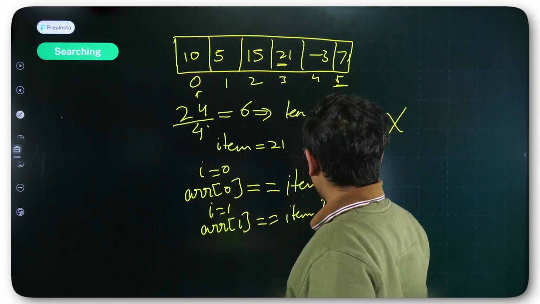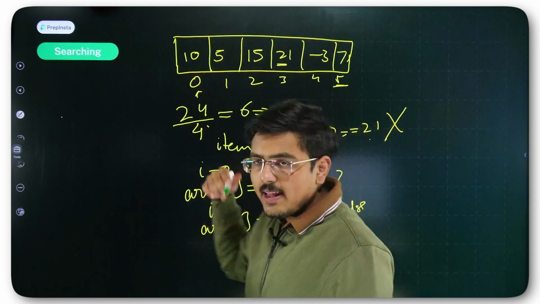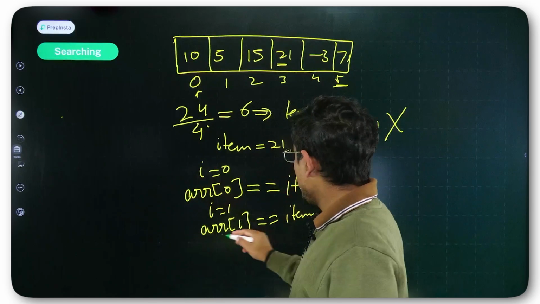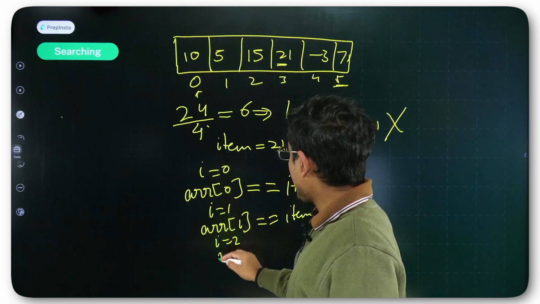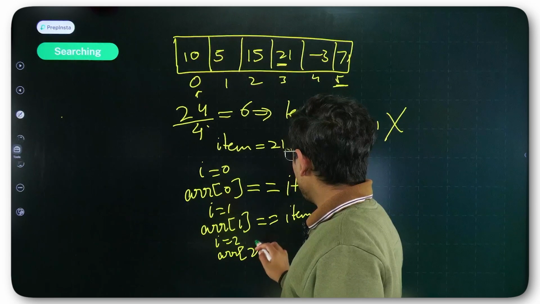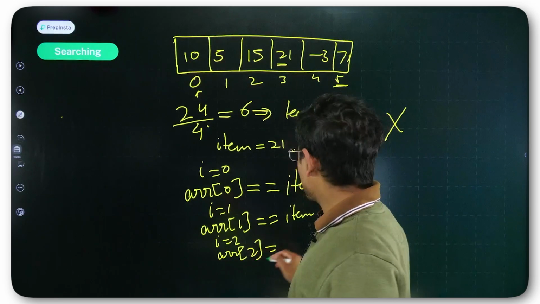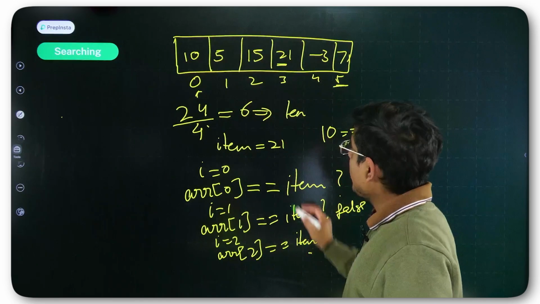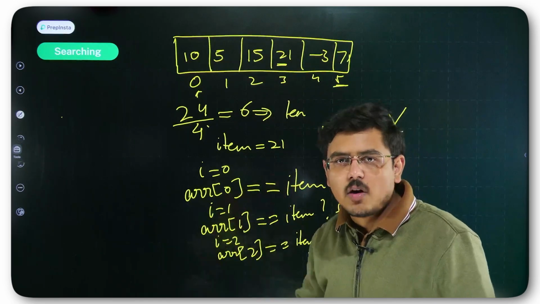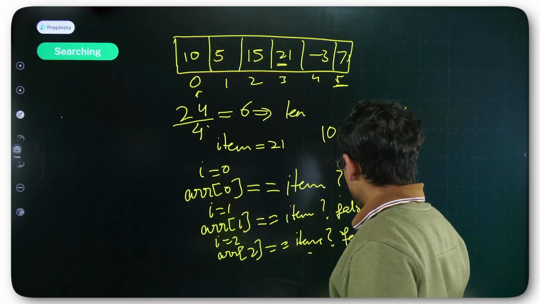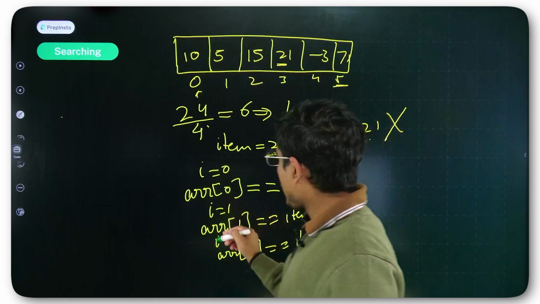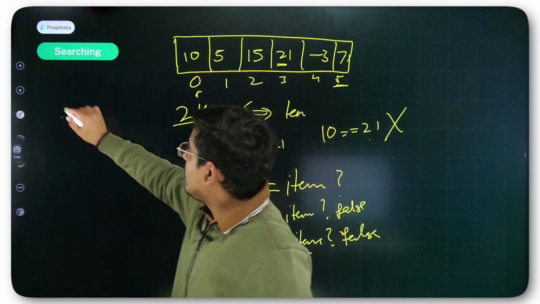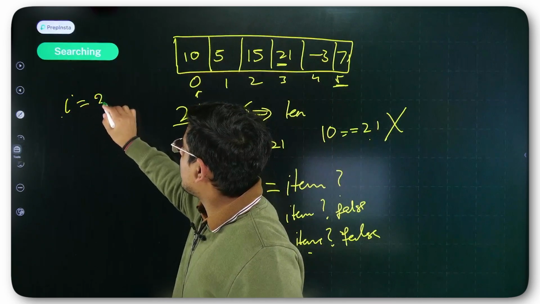It's not, again false. Again i is incremented, that if block is not executed. Now i is equal to 2, the value at index 2, 15, is it equal to 21? No, 15 is not equal to 21, again false. Again that if block won't function. Now we again increment the i value and it becomes 3.